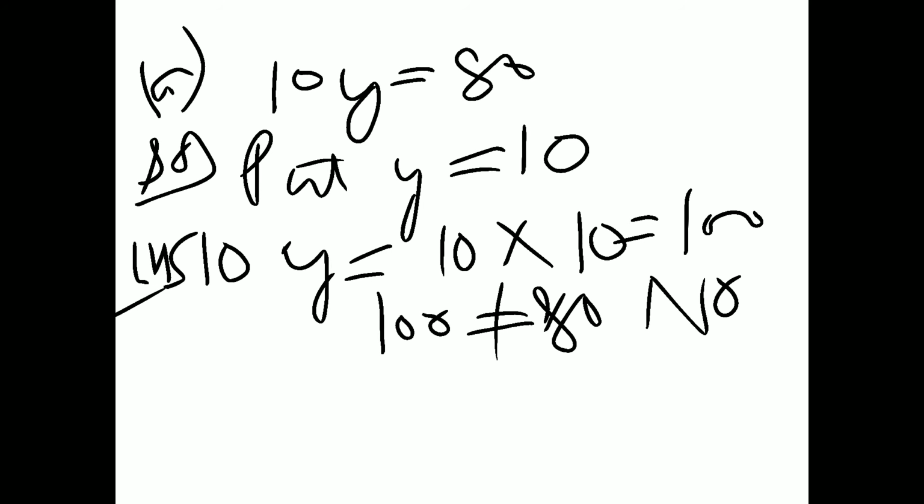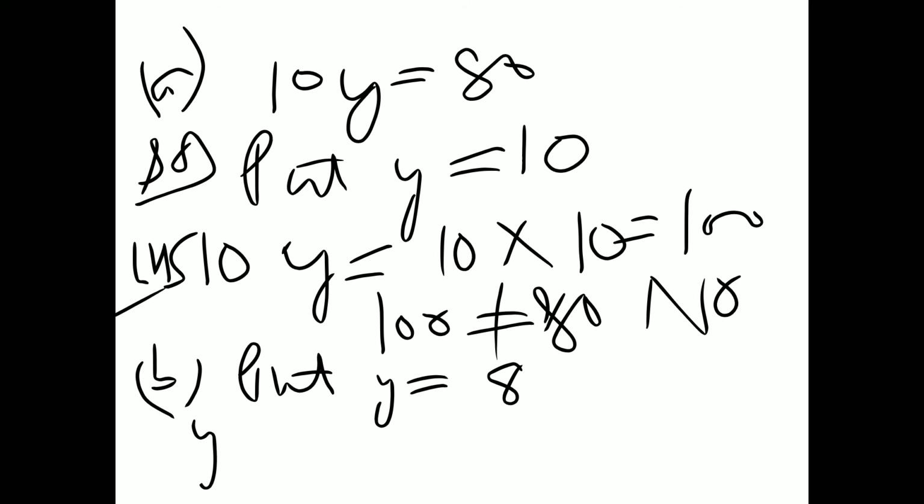Clear? Now we do B part. All the parts we will do in this manner only. B part: put y is equals to 8. When you put y is equals to 8, 10y is there, 10 into 8, the answer comes 80.